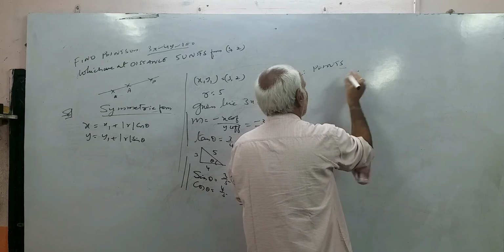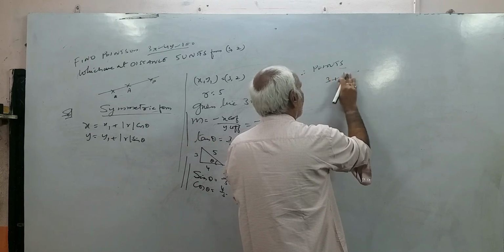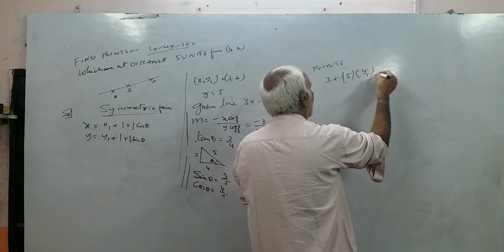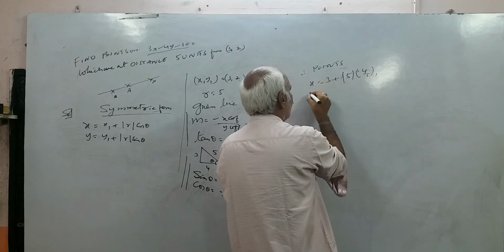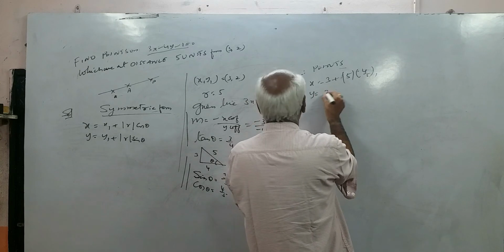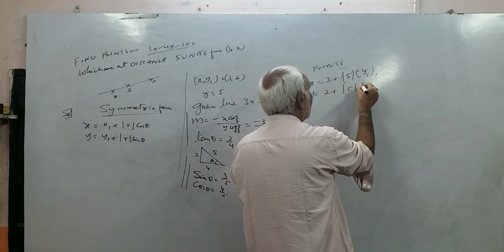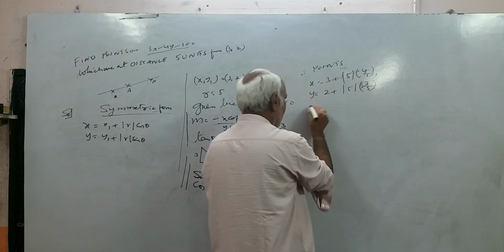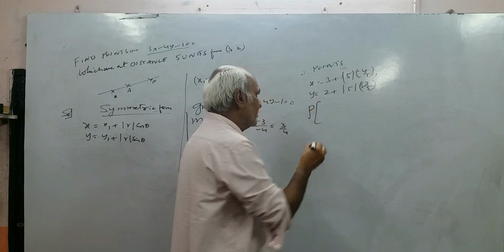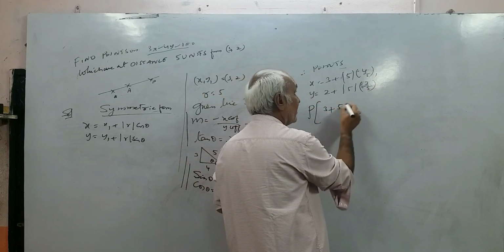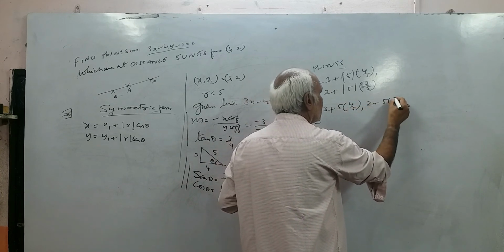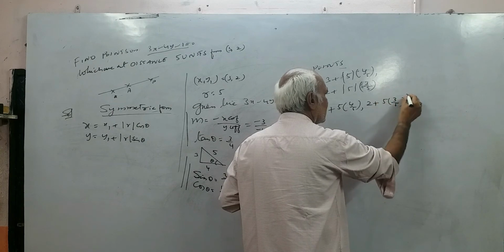First we'll write the points: 3 plus modulus 5 cos theta, 4 by 5, comma, that is x. What is y? 2 plus modulus 5 sin theta, 3 by 5. Right? Now I am writing the P point here: 3 plus 5 into 4 by 5, comma, 2 plus 5 into 3 by 5.